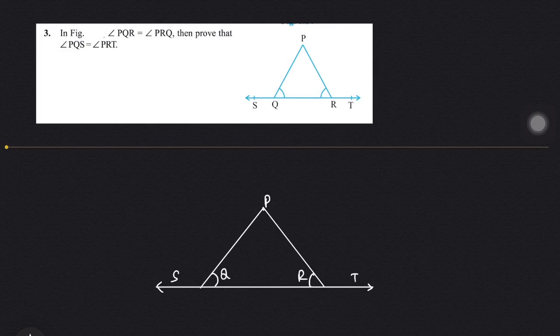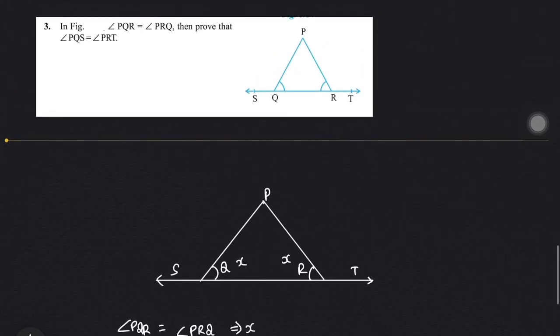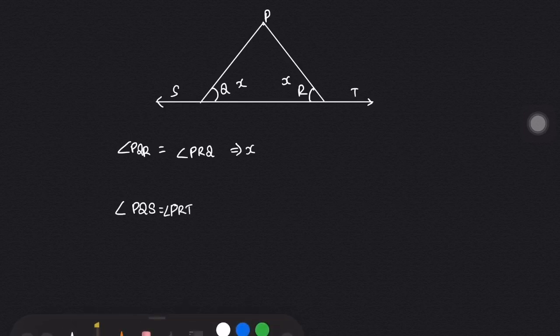Then third question. Angle PQR is equal to angle PRQ. So both are equal, so we fix a common term, x. This one is x and this is also x. Next we need to prove angle PQS is equal to angle PRT. So this is what we need to prove.